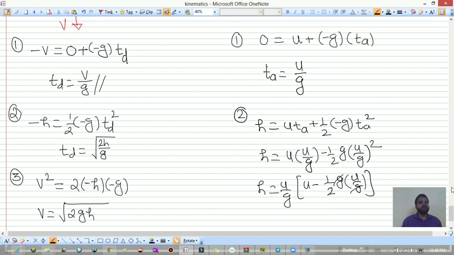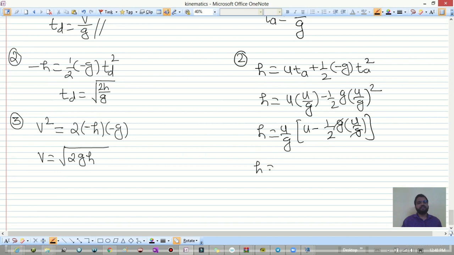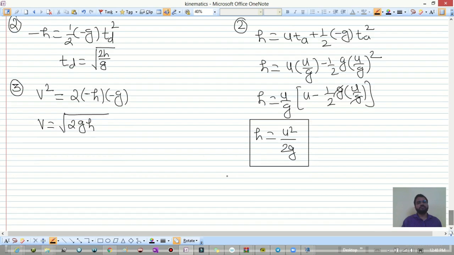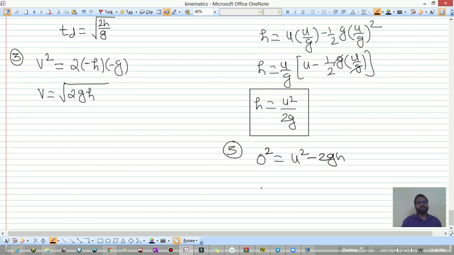So this g gets cancelled, and you will get h is equal to u squared by 2g. This is nothing but the third equation only, but we can find the third equation also. Final velocity 0 squared is equal to initial velocity u squared minus 2g into h, and yes, h is u squared divided by 2g. So I hope this is clear, right?